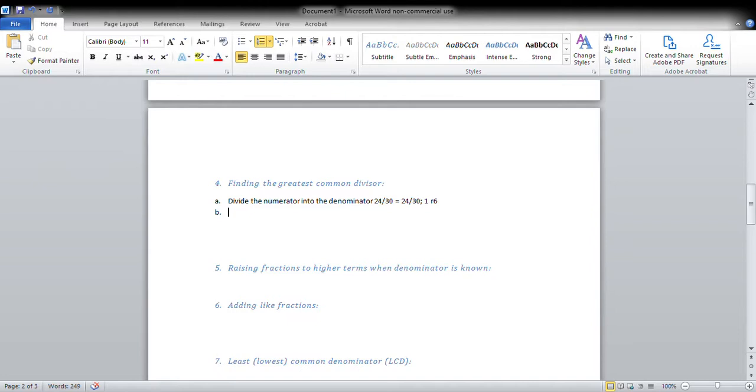So now we divide the remainder in step 1 into the divisor of step 1.